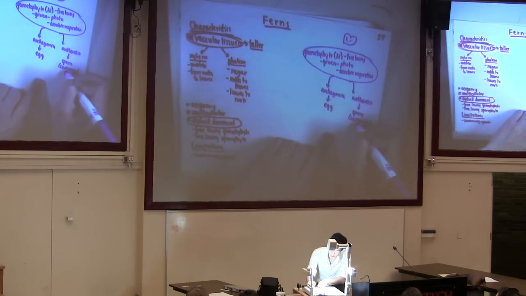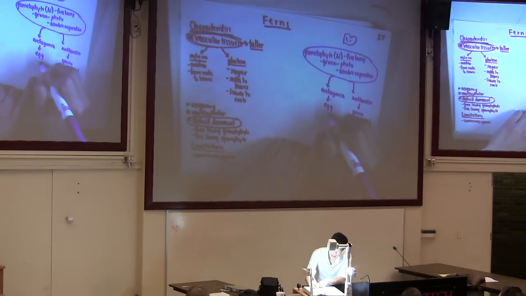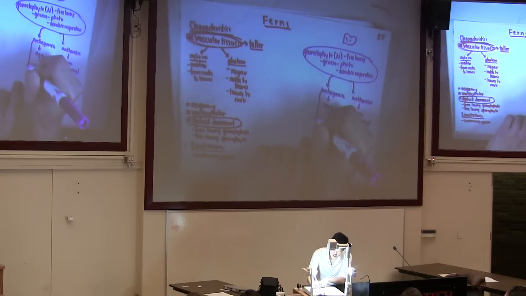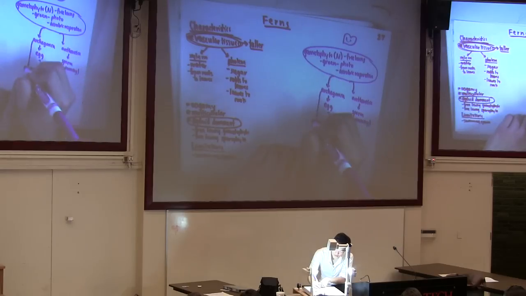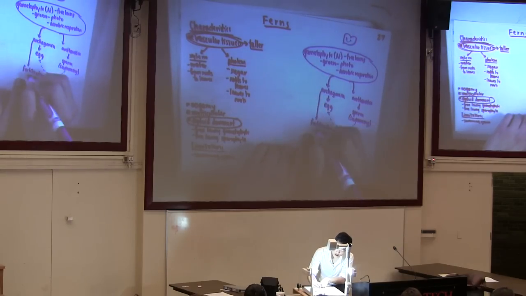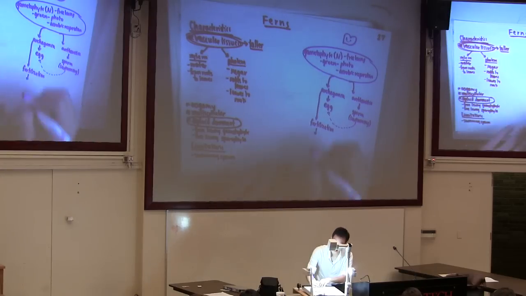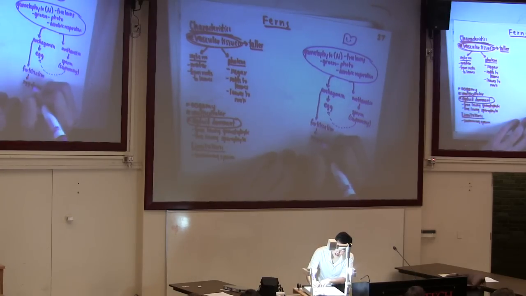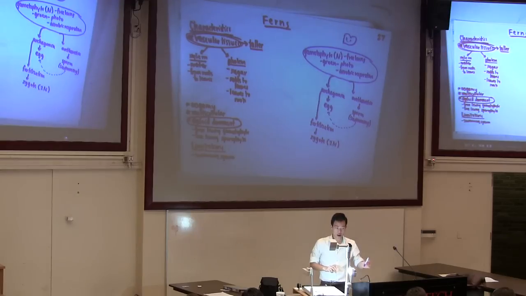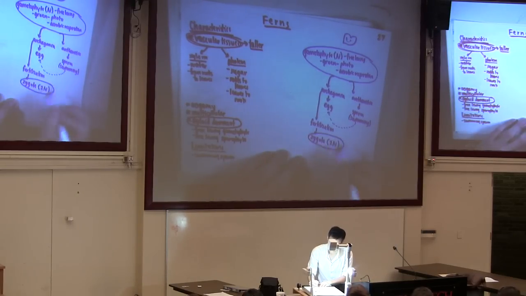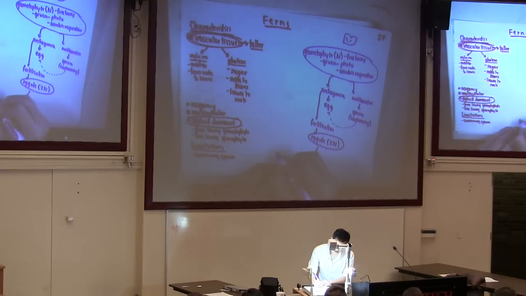So again, the sperm will have to swim to the egg, and fertilization occurs in the archegonia, right? Fertilization produces a zygote, which is diploid. Okay? Like always, the zygote develops into what? The sporophyte, which is 2N. Okay?